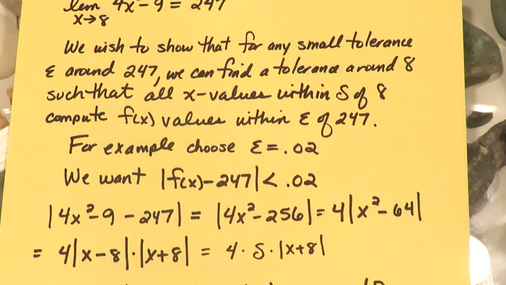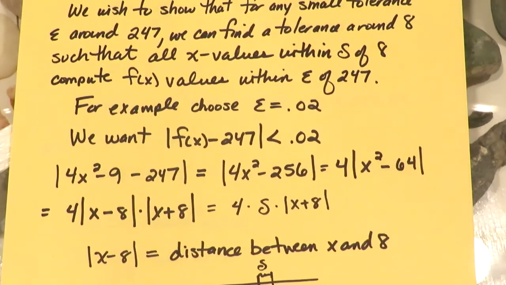Notice I can factor a 4 out, and that gives me 4 times the absolute value of x squared minus 64. But I can factor the x squared minus 64 as x minus 8 times x plus 8, and rules of absolute value says that the absolute value of a product is equal to the absolute value of the individual factors. So I can put absolute value signs around the two factors.